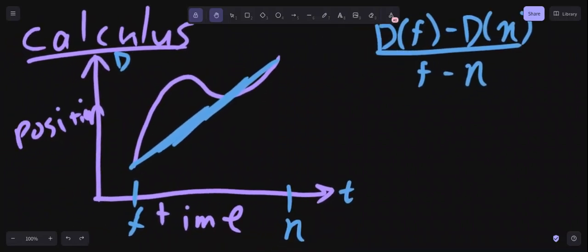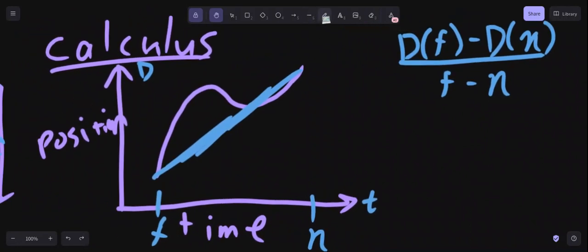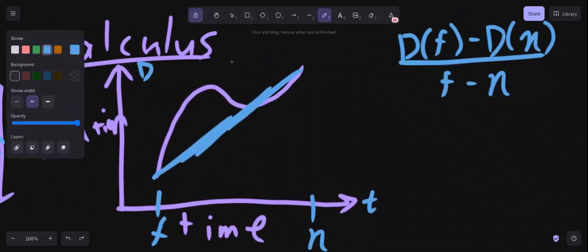Now, a more interesting question is, what if we didn't want to do the entire domain, and just wanted to do it from this point to this point? It's the same idea. This time we'll call these points x and y.